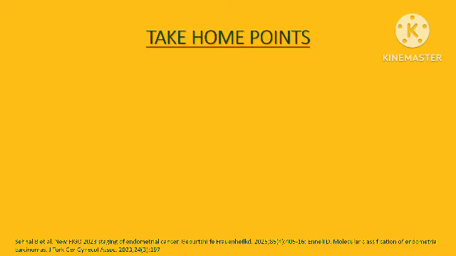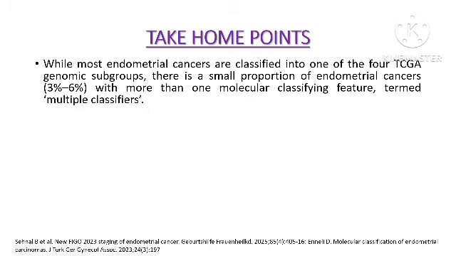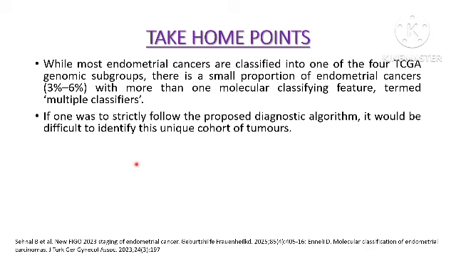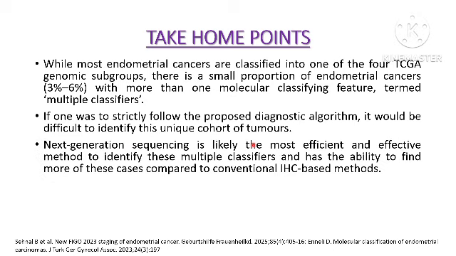So the take home points are, one should be aware of the small proportion of endometrial cancers harboring more than one molecular classifying feature termed as multi-classifiers. If one was to strictly follow the proposed diagnostic algorithm, it would be difficult to identify this unique cohort of tumors. So next generation sequencing is likely the most efficient and effective method to identify these patients, and it has the ability to find more of these cases compared to your conventional techniques.